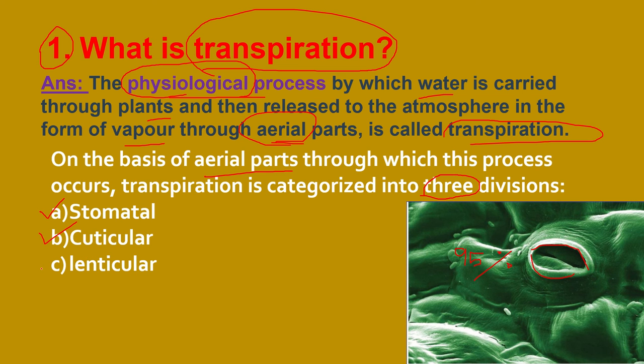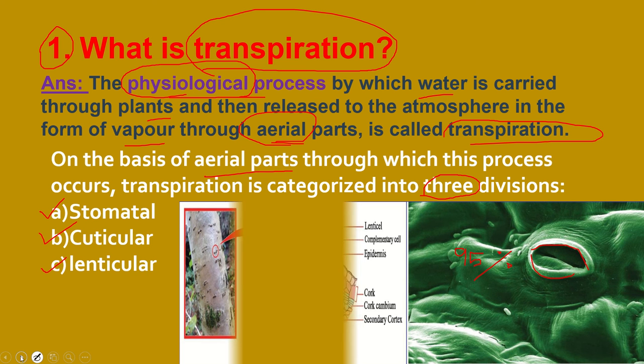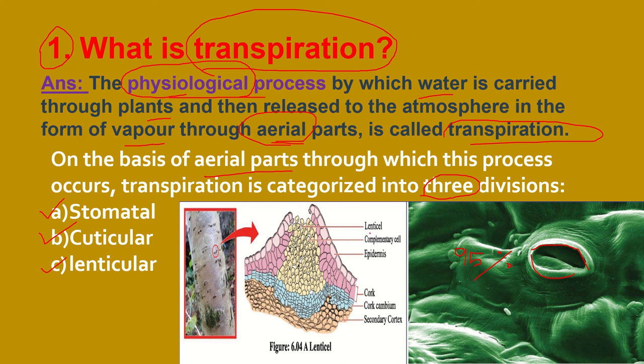Next one, that is lenticular. Lenticular is the occurrence of secondary growth in the plant, with a yearly aggregation of cells that function as pores called lenticels. This is a lenticel, guys, this one.